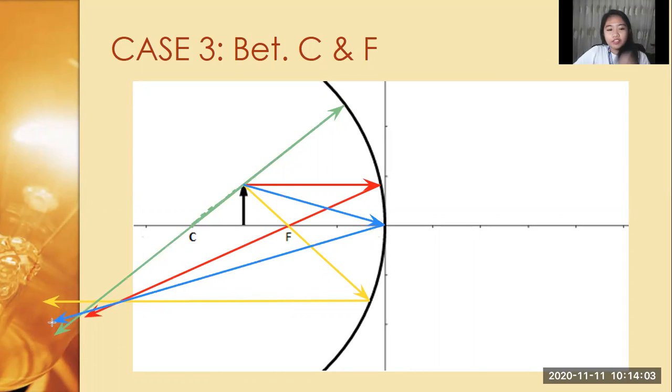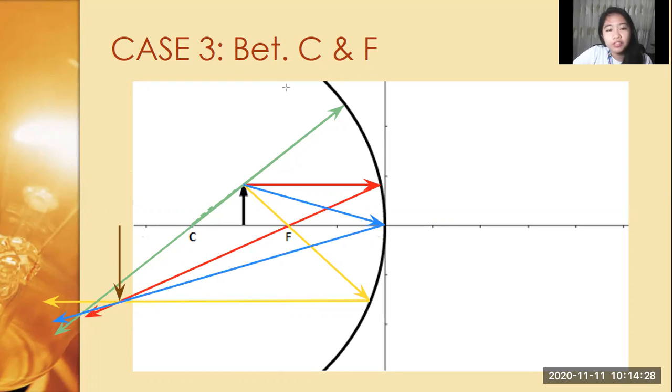Okay. So majority of the lines of the reflected rays intersected here. So let's do that one. So our image is found here. So hindi pa pantay. So yeah, that's our image.